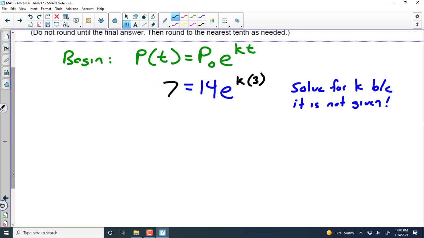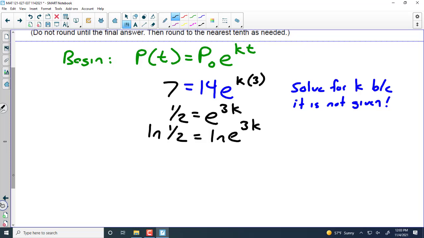Oh, this is interesting. 7 divided by 14 is 1/2. E to the 3 times K. What do I do now? ln. ln of both sides. What does the right-hand side simplify to? 3K.